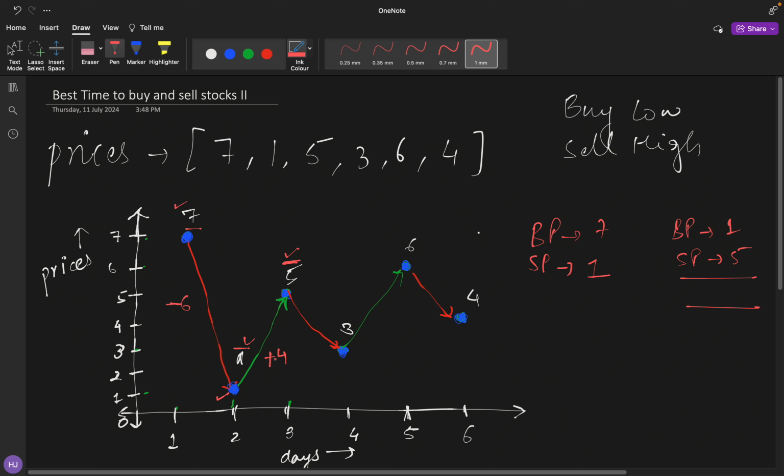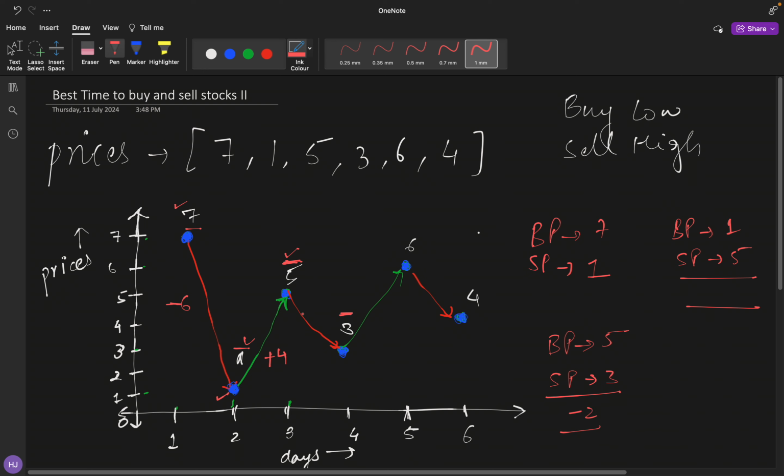So let's continue further. Suppose I think of buying my stock on day 3 and then think of selling it on day 4. At this point my buying price would have been 5, selling price would have been 3. What will be the net profit?